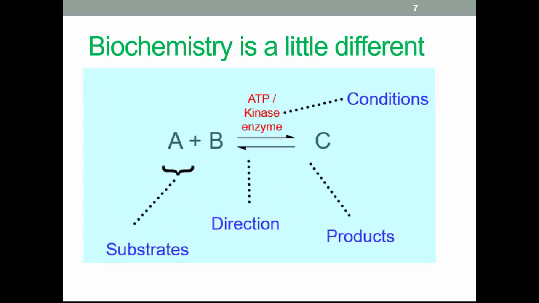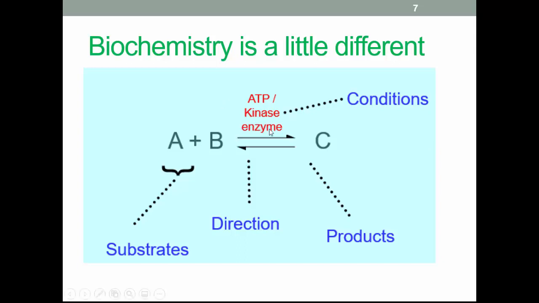So in biochemistry, we call reactants substrates. Most biochemical reactions are at least potentially reversible depending on the conditions, which is why, instead of using a simple arrow pointing in one direction, we use two half arrows pointing in opposite directions. Most biochemical reactions you see will use this convention. The direction, generally speaking, depends on the conditions.